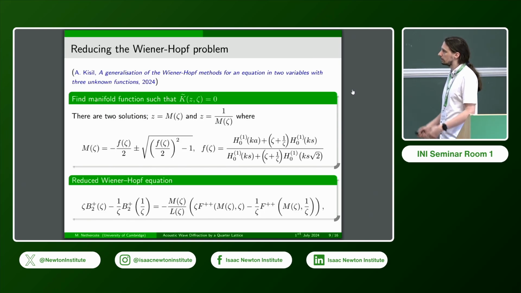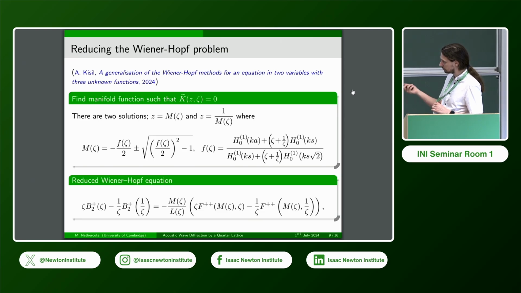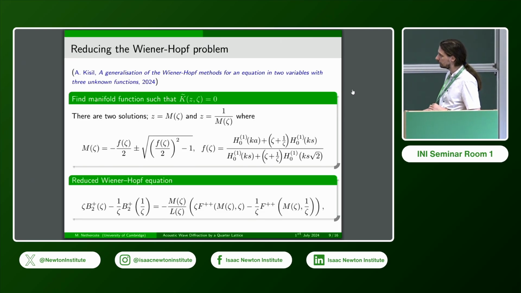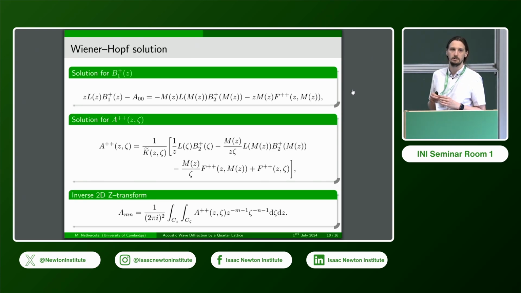Solving this can be done with fairly standard methods, because now we don't have a kernel to factorize. That's usually the bane of everybody's existence. But we do have to do some splitting. Long story short, once we find an answer for B2, we can then find B1 and A++, and then it's just a matter of using the inverse two-dimensional transform, and we've got our scattering coefficients.